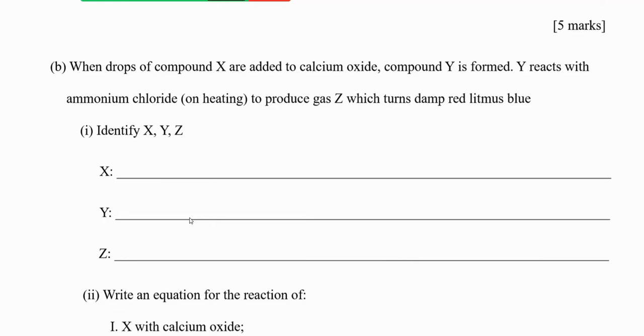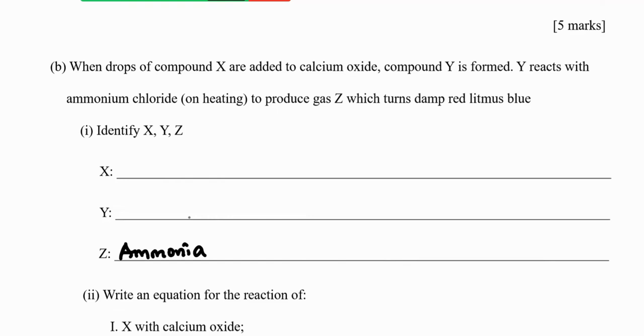The first question we can ask ourselves to easily know what X, Y, and Z are is: what turns damp red litmus paper blue? What test is that? That would give us ammonia. So we have established that Z is ammonia. In the test for ammonia, it is ammonia that turns red litmus paper blue.